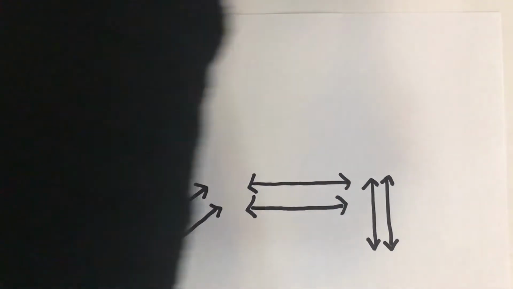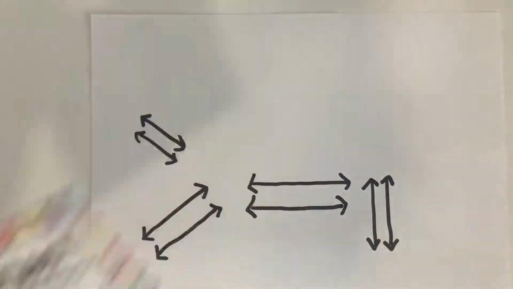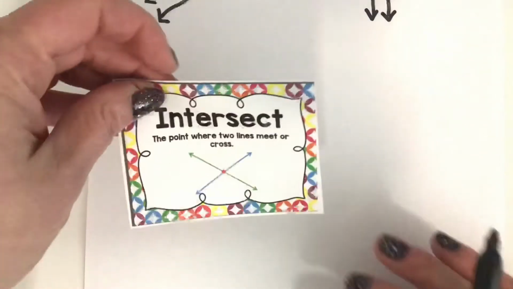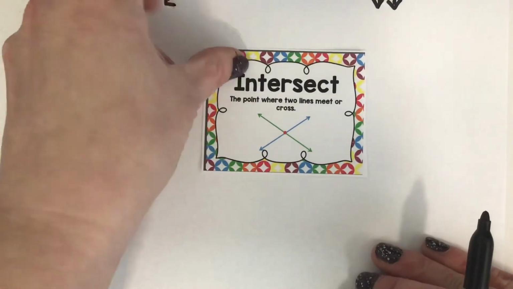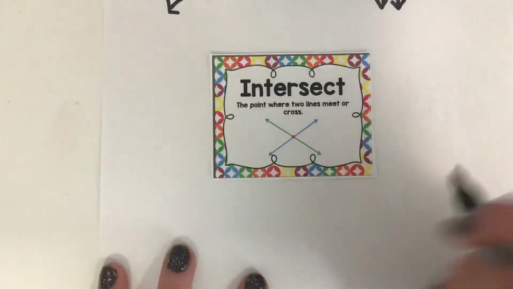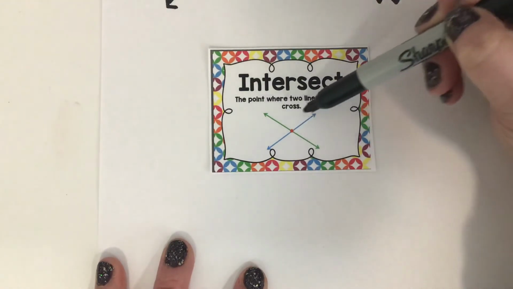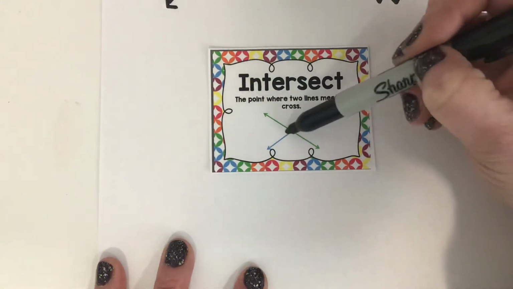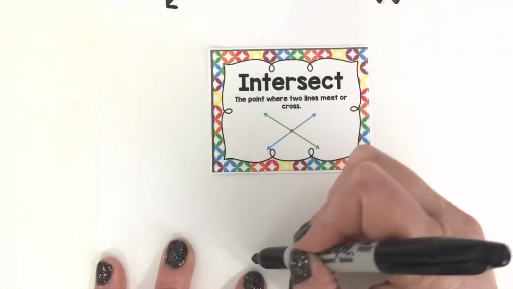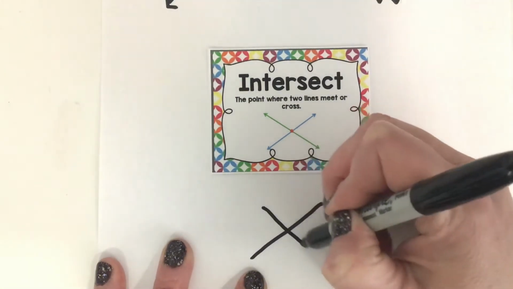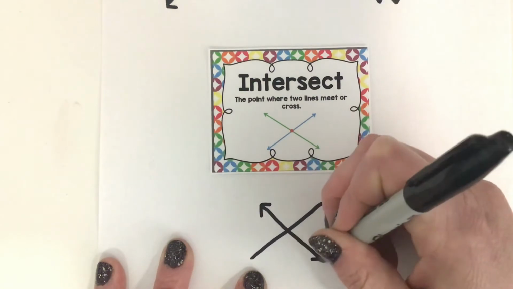The next one you learned about was intersecting lines. What did it say about intersecting lines? Intersecting lines make V's. See how we have all these V's here? V, V, V, right? So we're going to make V's with our intersecting lines.